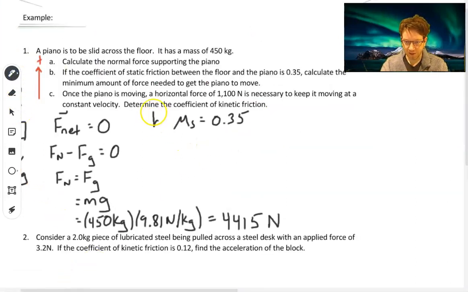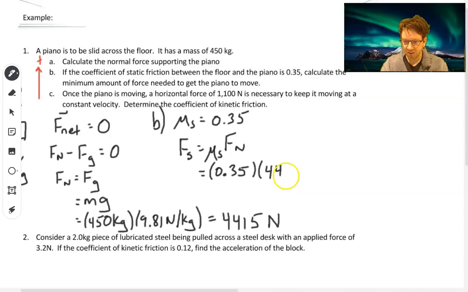This is part B. Our equation, the force of static friction equals the coefficient of static friction multiplied by our normal force. Right, so we have 0.35, which has no units, multiplied by the normal force, and we get the value, or the magnitude, for static friction as 1545.